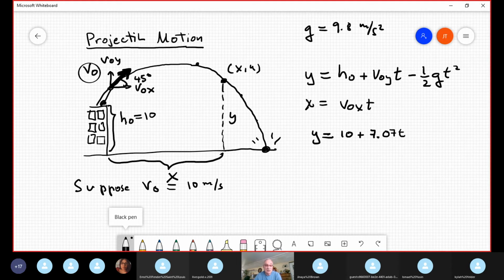Suppose the angle theta is 45 degrees, V0x is 7.07, equal to V0y.